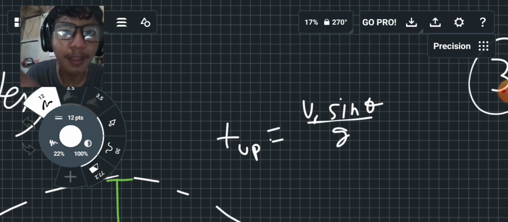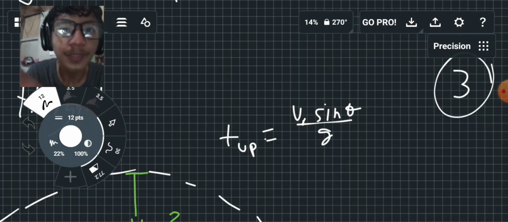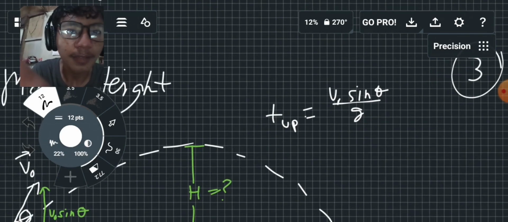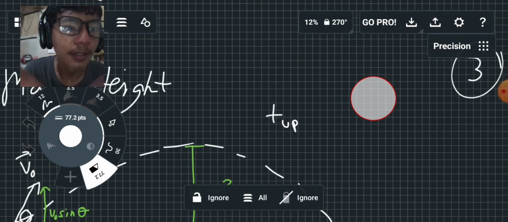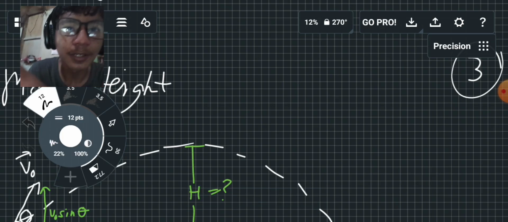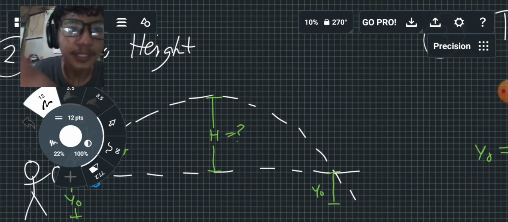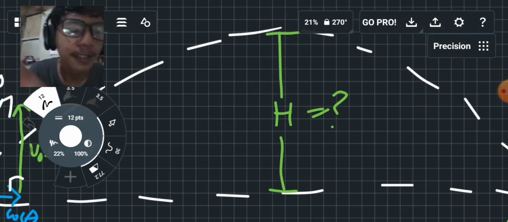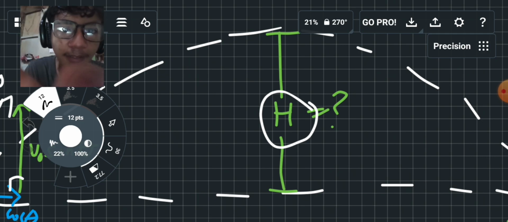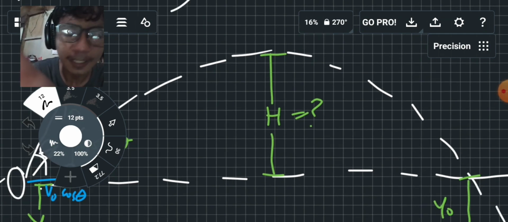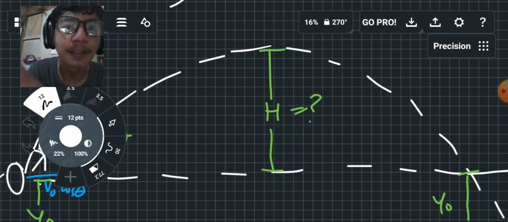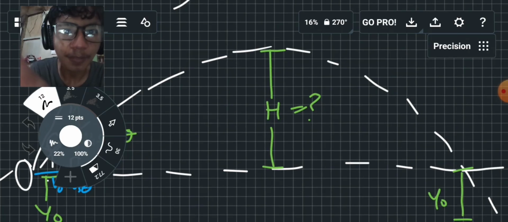That is why I introduced you to the time dependent equation for this kind of problem, since this height is essentially just a position problem.